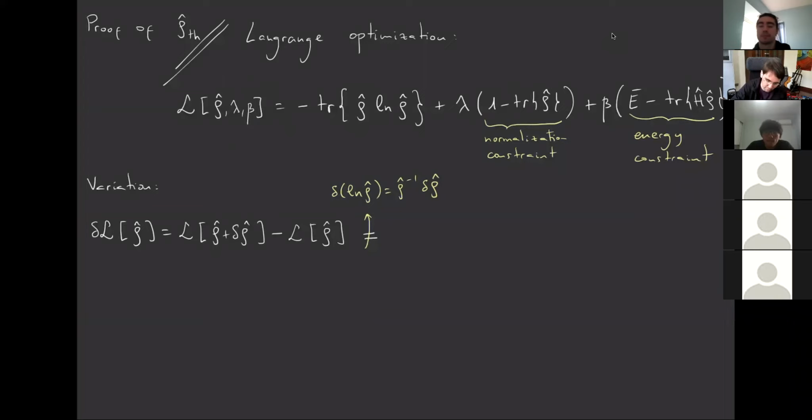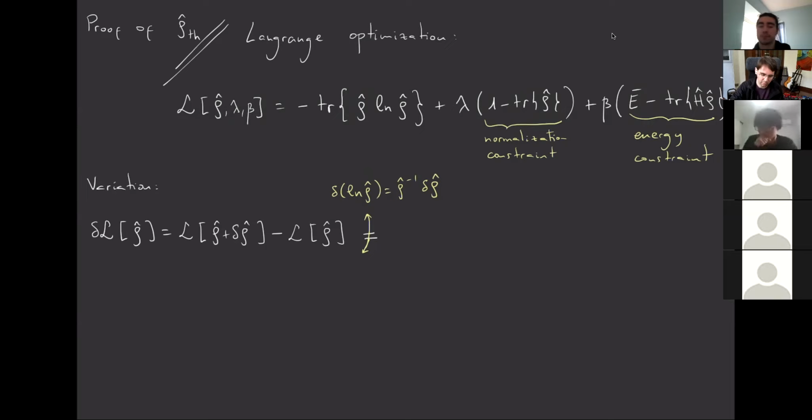So that's something that you are familiar with. The only reason why I write it here in this way is that this is an operator. So I know that for some people it might be a bit weird to take the variation of an operator and do operators obey the usual relations of variables and so on. Generally, no. But in this case, this is completely true.